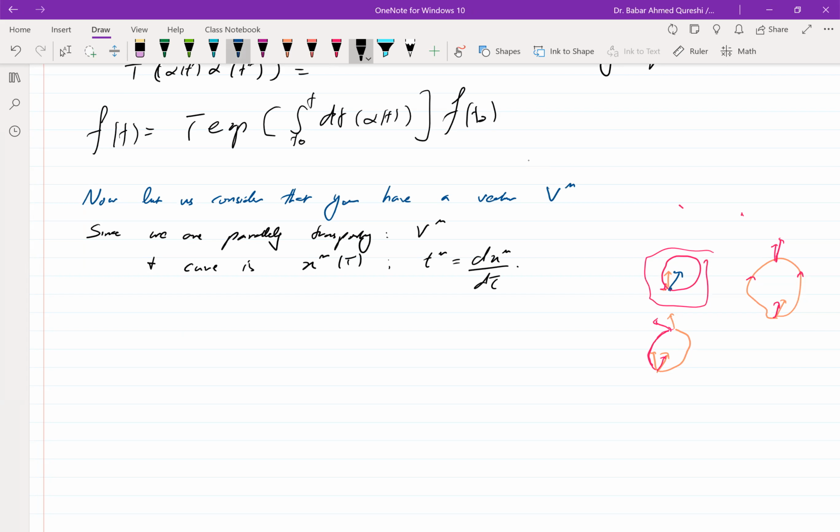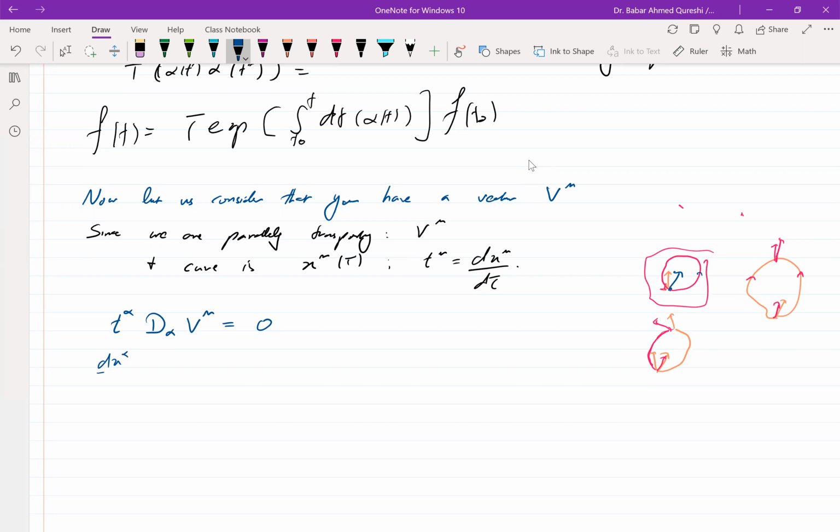So the parallel transport equation then tells me that T alpha nabla alpha v mu is going to be 0. Let me write it this way. The covariant derivative computed along the curve is 0.